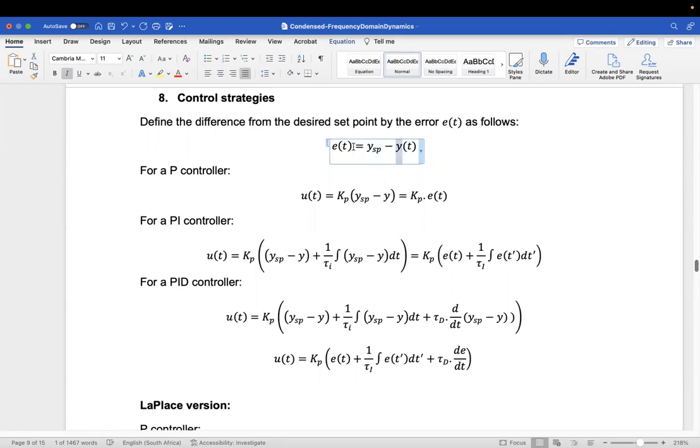And so we can define a useful function, namely the error. We can think of it as an error when our process is not lying on the desired set point values. So we go ahead and define the error E of t in this way. So the set point, that is the value we want our process to achieve.